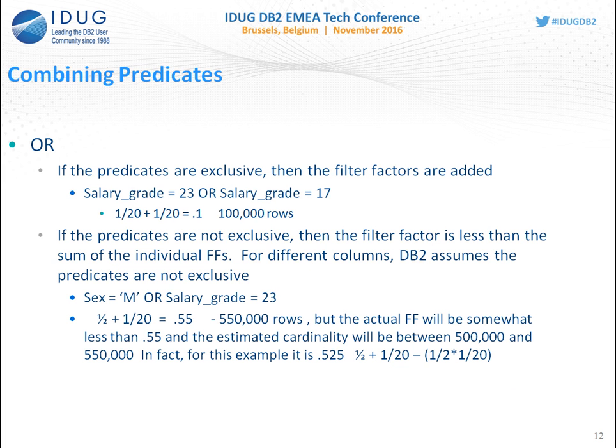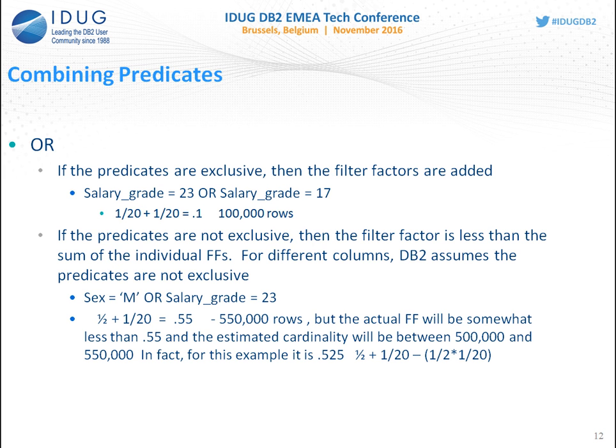There are two kinds of OR predicates, inclusive ORs and exclusive ORs. An inclusive OR is if either one is true, the predicate is true. An exclusive OR is if it's one or the other, but not both. Well, if we have salary grade is 23 or it's equal to 17, that's an exclusive OR because it can't be both.